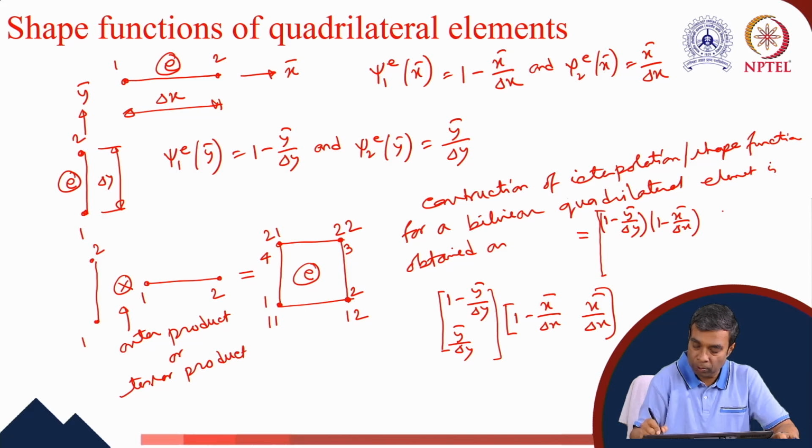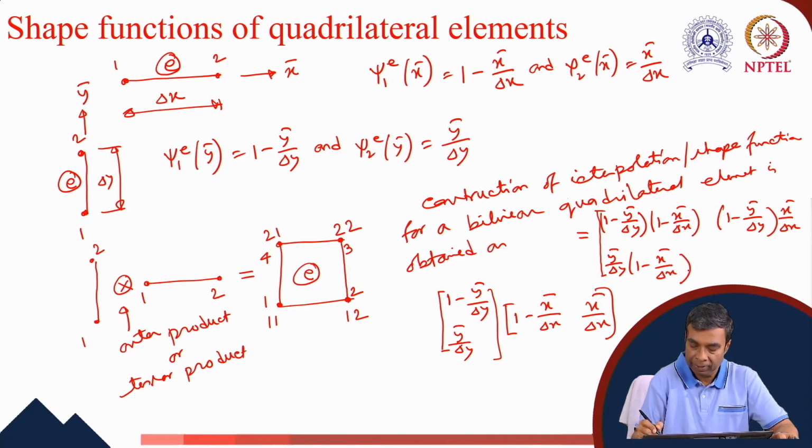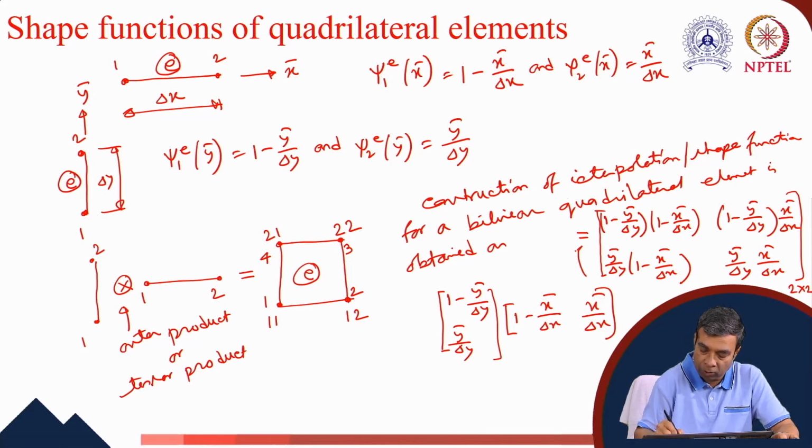Then first row, second column, this gives us 1 minus y bar by delta y into x bar by delta x. Then we have second row, first column. So this is y bar by delta y into 1 minus x bar by delta x. And finally second row, second column. So this is y bar by delta y and x bar by delta x. So this is the 2 by 2 matrix. Now this is the output.